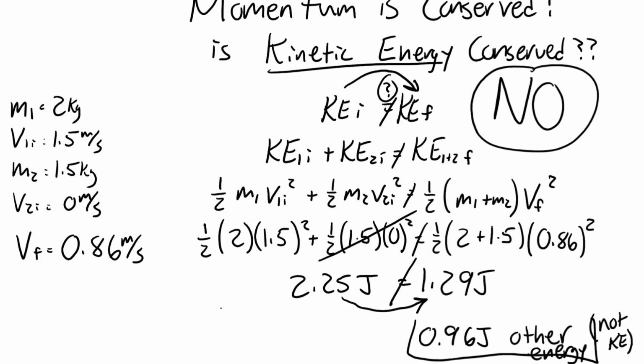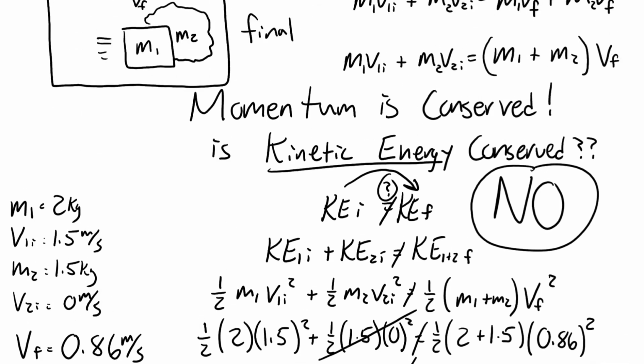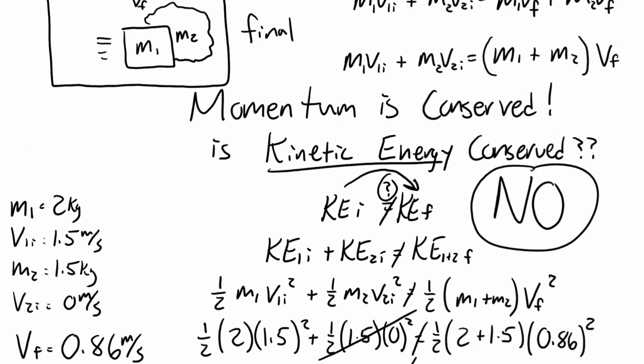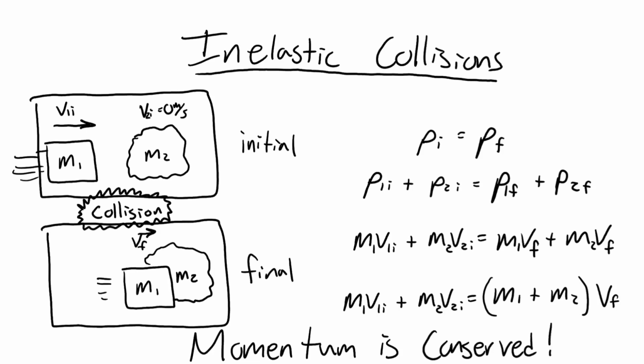So this is the reason why they say that kinetic energy is not conserved for inelastic collisions. That's part of the definition of an inelastic collision, is that kinetic energy is not conserved.